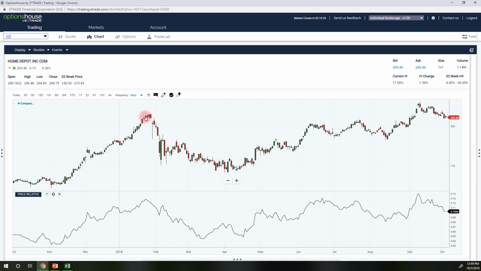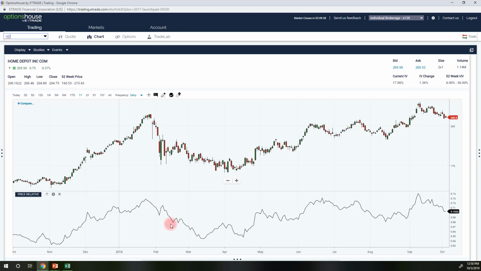And so we might see that we get new resistance levels at, let's say, 220 or 230 sometime down the line. But what you might find is that that ratio stays the same, in which case you will get much stronger levels of support and resistance by looking at the relative ratios rather than the absolute prices of an individual stock. So this is one way to use the indicator.